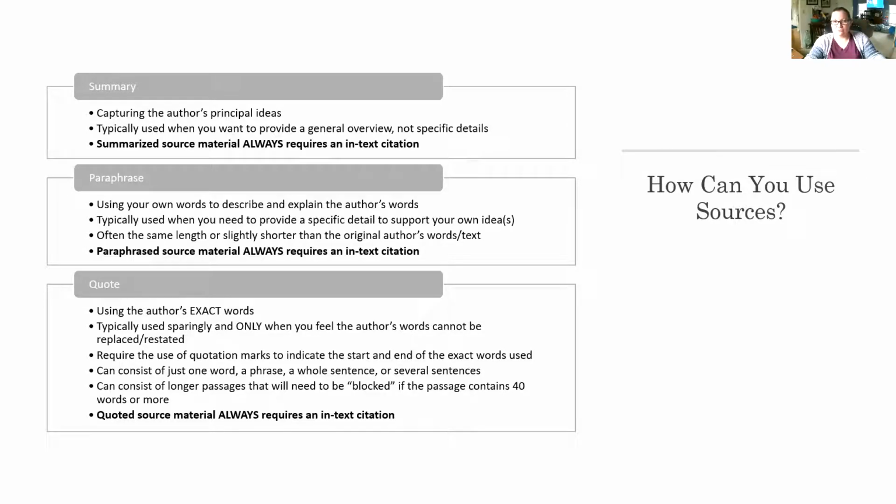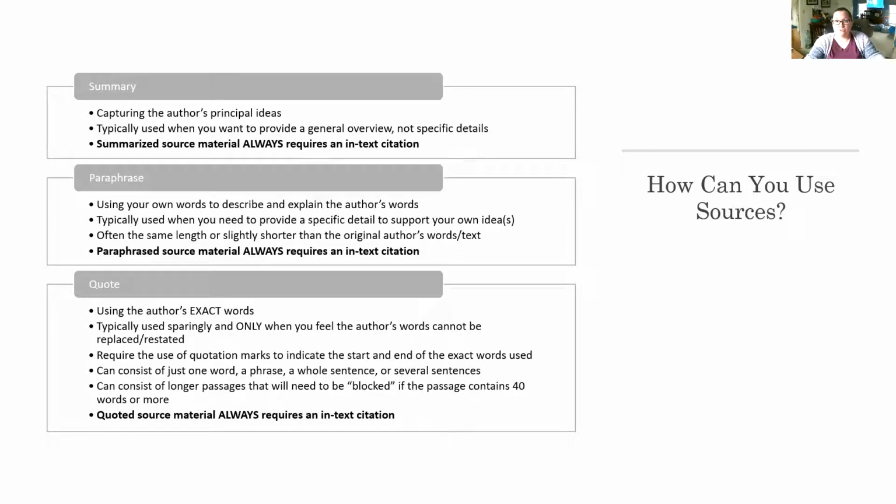It has its own special formatting, which we'll talk about in week 5. But it gets a citation every time. Even if you have said the author's name, it still gets a citation, even though the quotation marks are there to tell the reader that this came word for word from the source. The citation still has to be there.